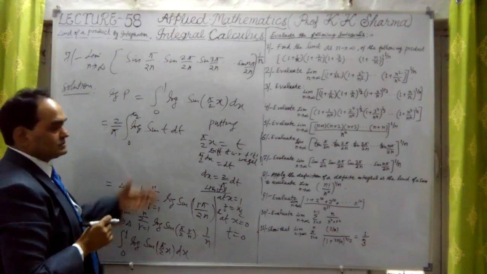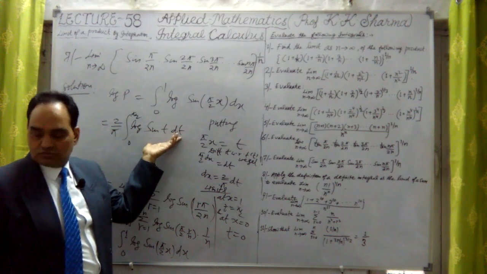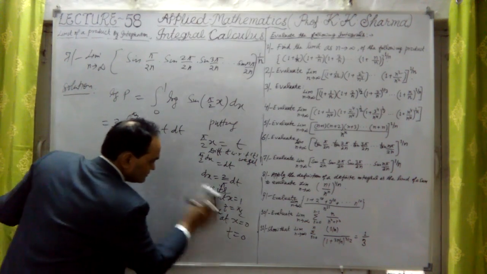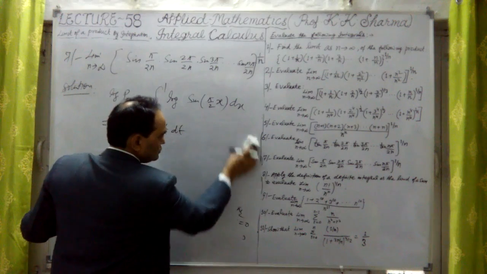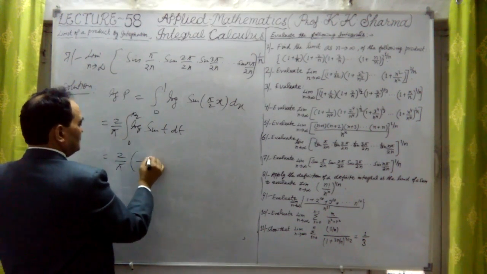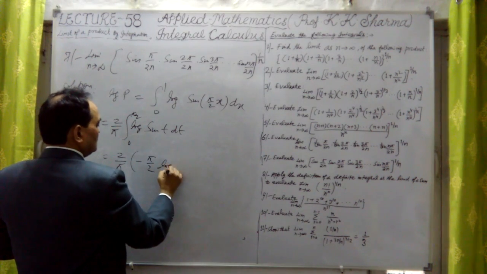Now we know what we have just calculated as the answer of the previous question: the integral from 0 to pi by 2 of log of sine x dx equals minus pi by 2 log of 2. So the answer is 2 upon pi into minus pi by 2 into log 2.